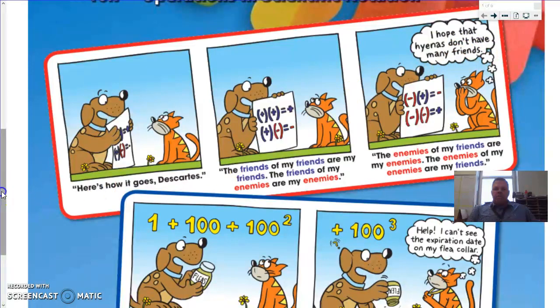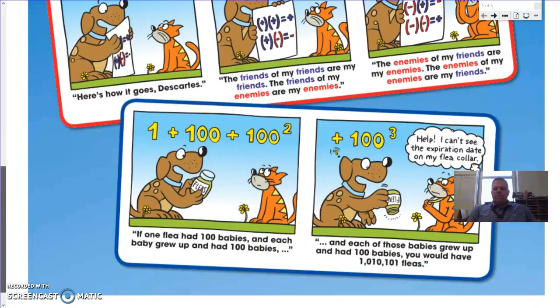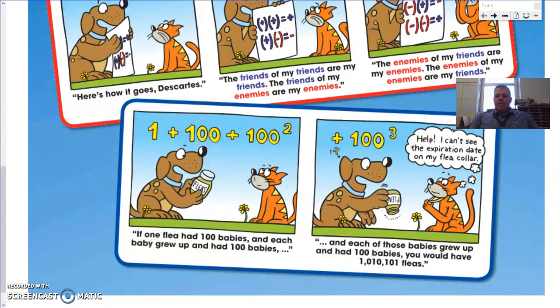So our second cartoon has to do with something like this. If one flea had 100 babies, here's our one flea, and each baby grew up and had 100 babies, and each of those babies grew up and had 100 babies, you would have 1,010,101 fleas.